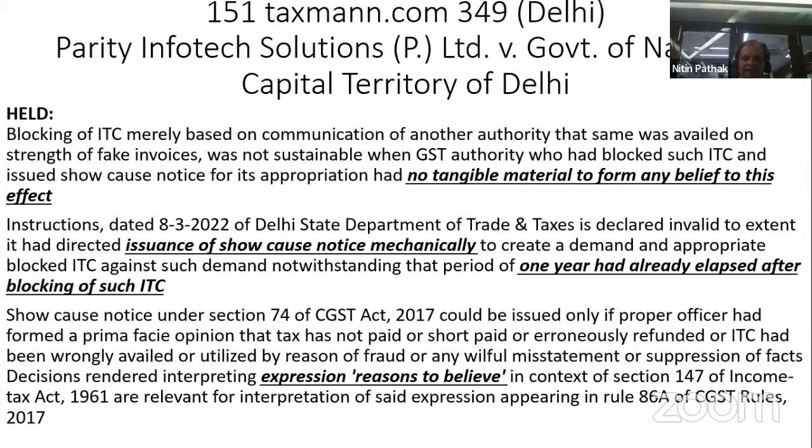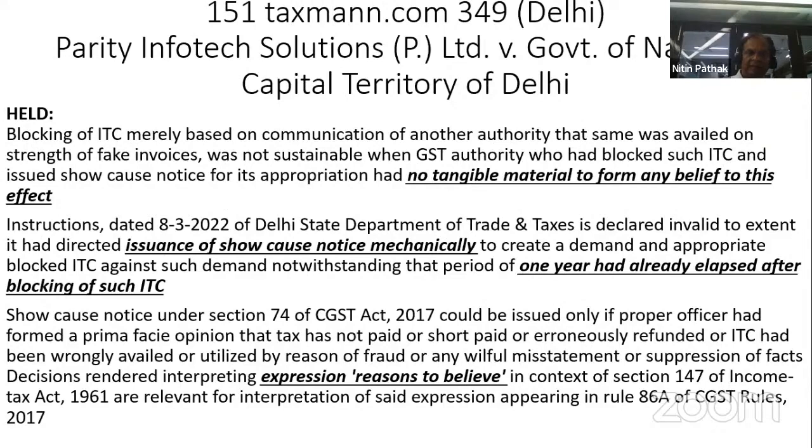Decisions have been rendered interpreting the expression reason to believe. Under the Income Tax Act, reason to believe is the main clause under Section 147. The same is applied here, and the relevant provision of Rule 86A of CGST should be applied.